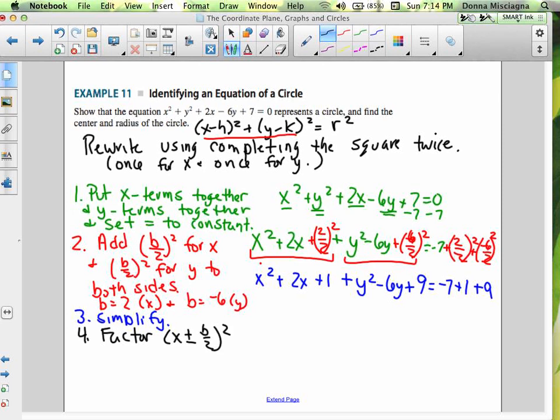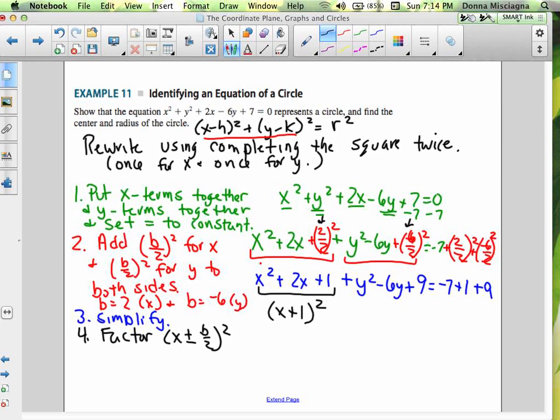So I have x squared plus 2x plus 1. b divided by 2 is 1. And it's going to be this thing right here without the square. So I'm going to factor the x's. So this part here becomes x plus 1 squared.